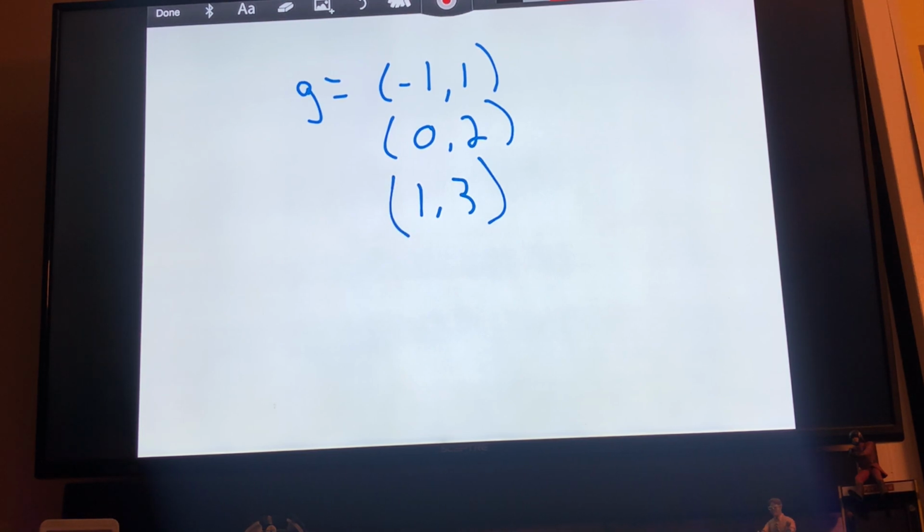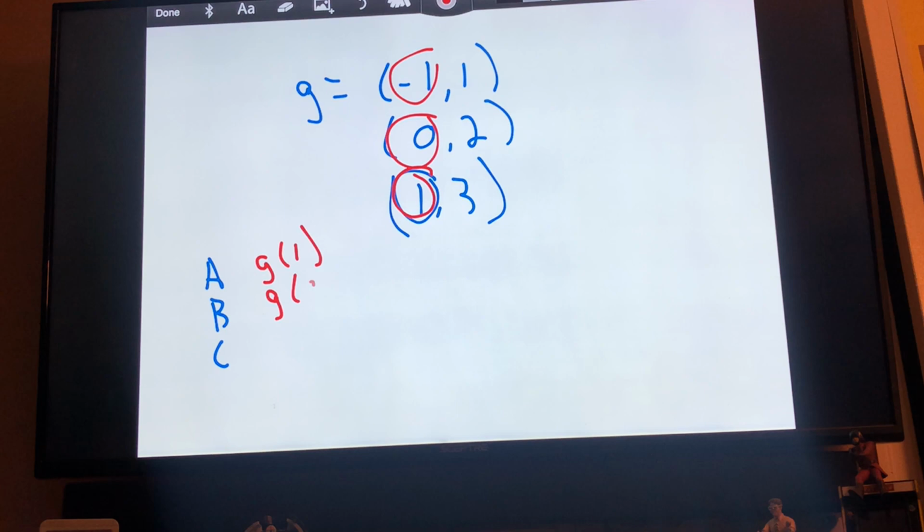So when we're looking at A, B, and C here, that means you're going to take 1, 0, and negative 1, and you're going to get g of 1, g of 0, because you're pulling these from your x, and g of negative 1.